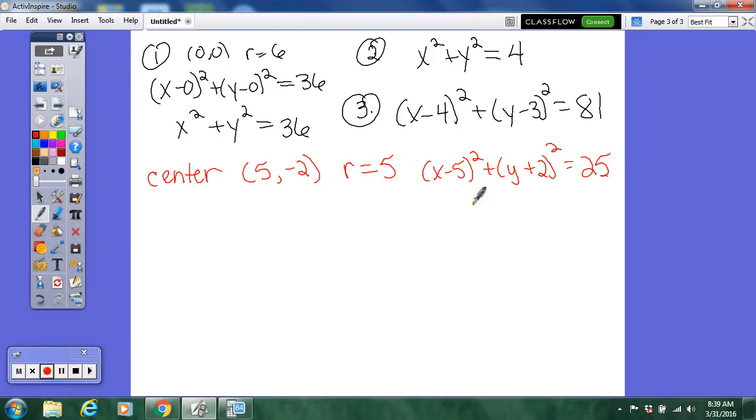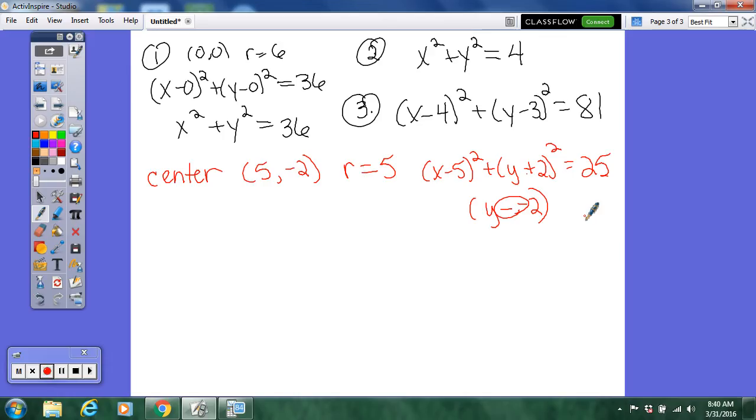Because remember it's y minus, but it's y minus a negative 2, and those two make it plus. Okay? I think you should do another one, just square the radius. When you're plugging it into the equation, you square the radius. When you're taking out of the equation, you square root it.